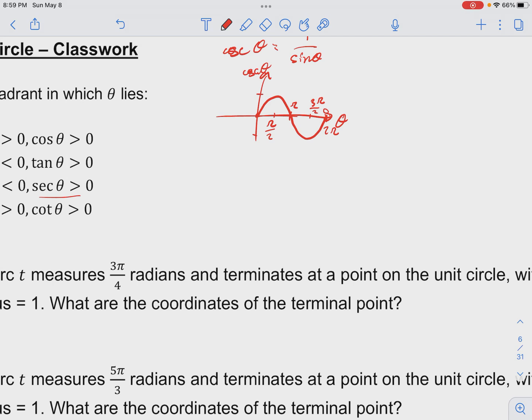Our cosecant of theta starts from these points here at the maxima and minima and juts off towards infinity with vertical asymptotes at 0, pi, and 2 pi. And then cosecant also comes down this way.